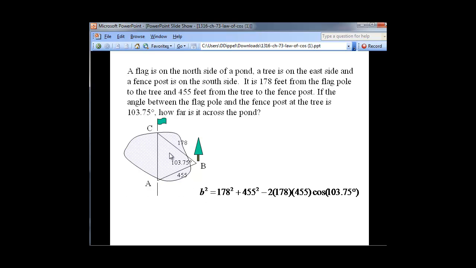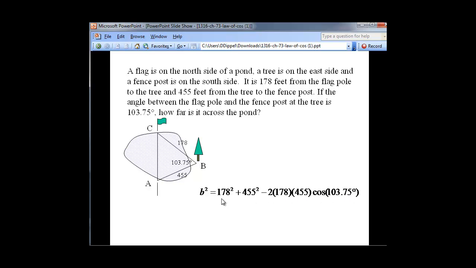So we have b squared, which we don't know, equals 178 squared plus 455 squared, minus 2 times 178 times 455 times cosine of the angle that corresponds to the missing side, 103 degrees. So you just plug that in.